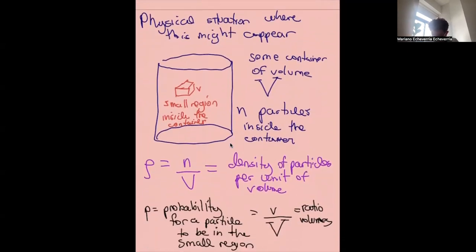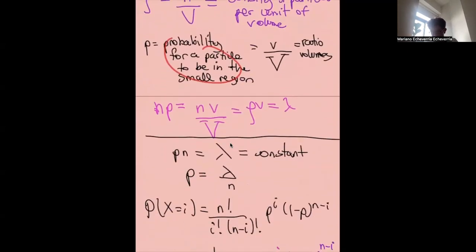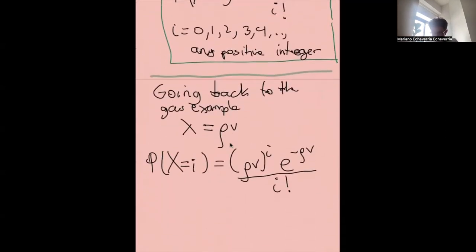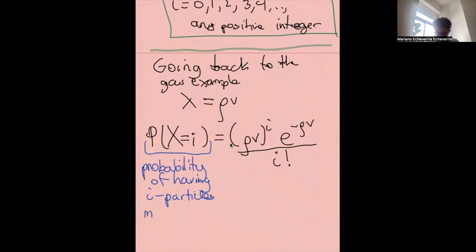So this is the probability of having i particles in the region with volume v inside the container. Yeah, that makes it a lot more concrete.